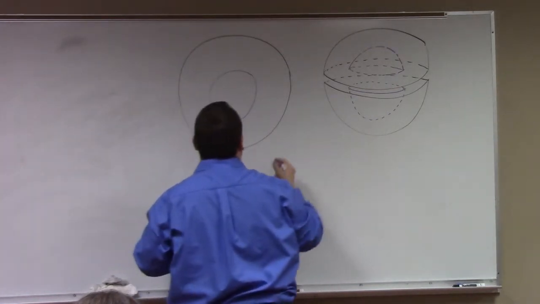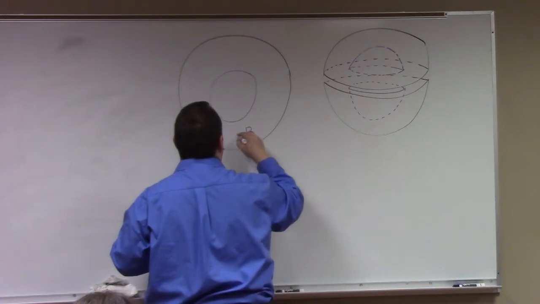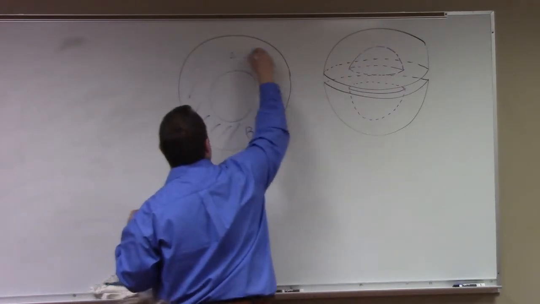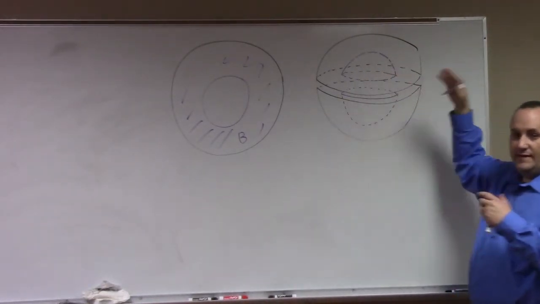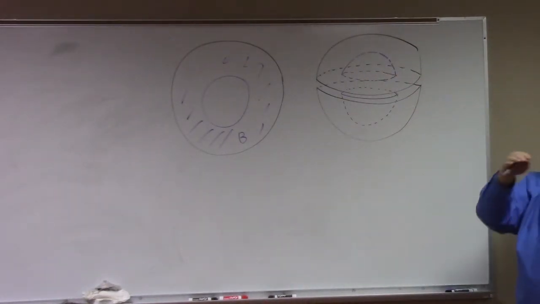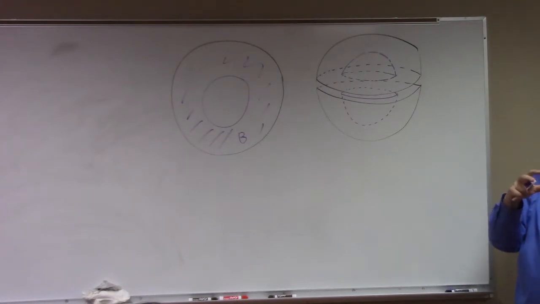So I want to think about my region being this between the inside purple edge and the outside black edge. I'm thinking of a hollow gumball or something, right?